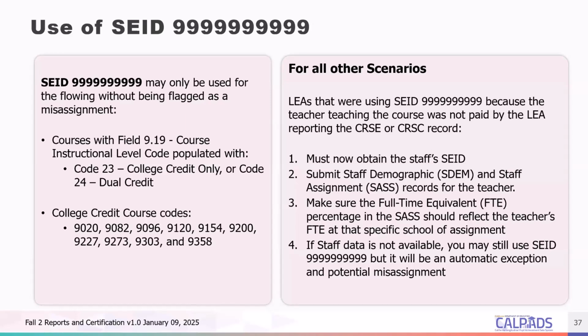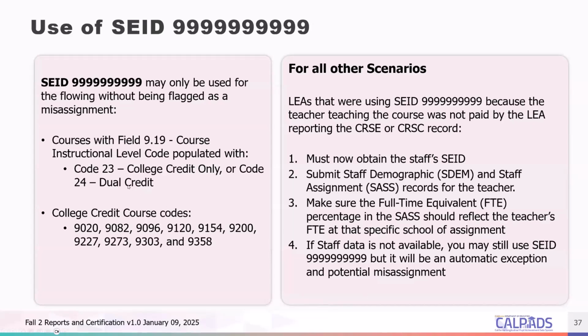Sometimes you have ROP teachers, or if you're reporting a dual credit course for college, you would use a seed of 999. The warning is that the generic seed 999 indicates that you have a staff member that is probably not credentialed, and so this is an automatic exception unless it's a college credit course. That's what we're showing you here.